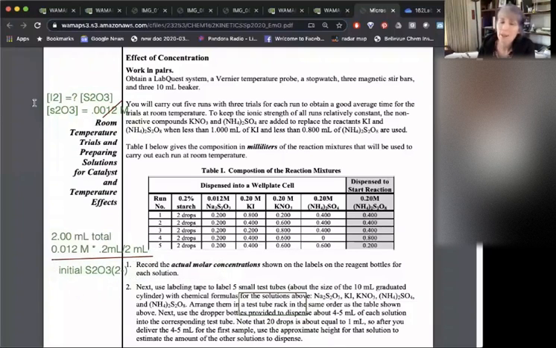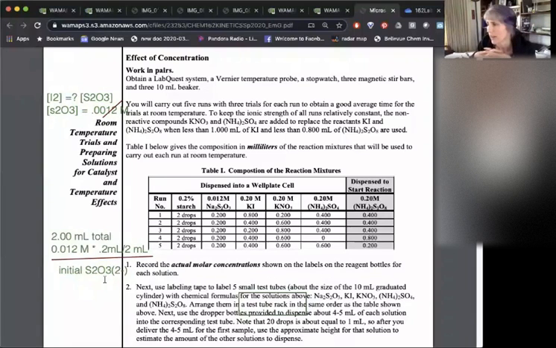Then we're going to relate that back to iodine. Let me just calculate that so I can say it. 0.012 times 0.2 mils over a total volume of 2. So that is 1.2 times 10 to the minus 3. It just divides it by 10, a 10x dilution.